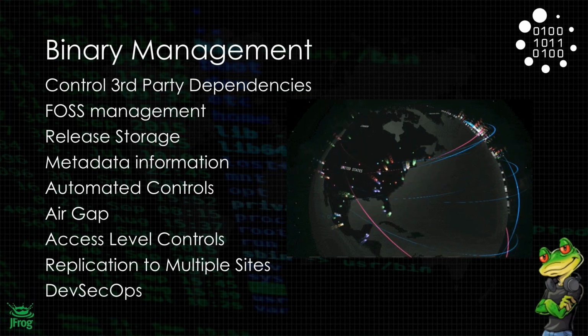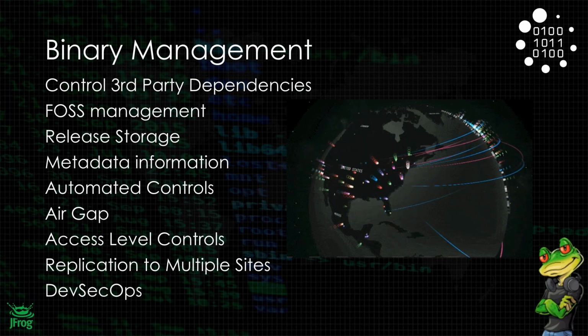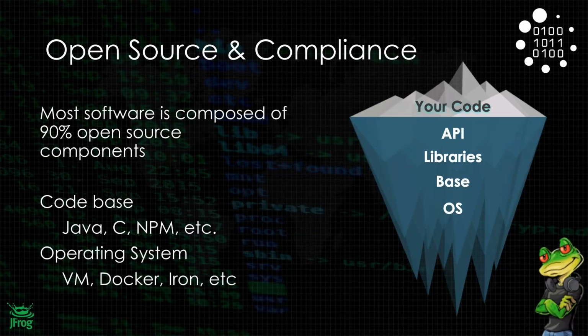And then last but not least is your place in the DevSecOps world. So first of all, let's talk about open source and compliance, right? Remember, the code you guys operate is 90% open source components, whether it's access to an API, whether it's libraries, if you're working in a cloud native environment such as Docker, or if you're working in VMs or orchestration, any sort of deployment scalable architecture, the thing is that you rely on other sources, right?